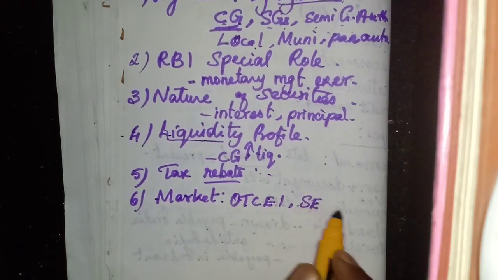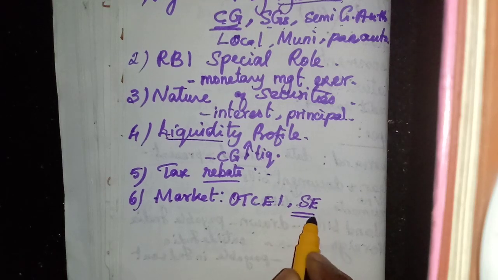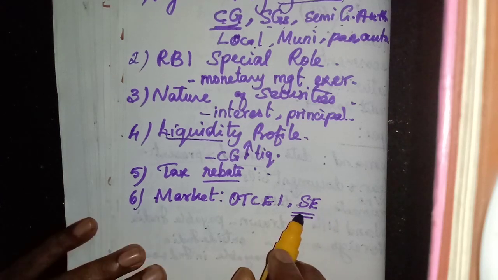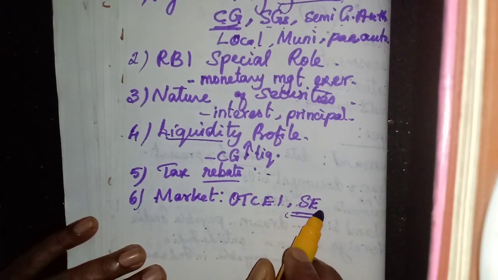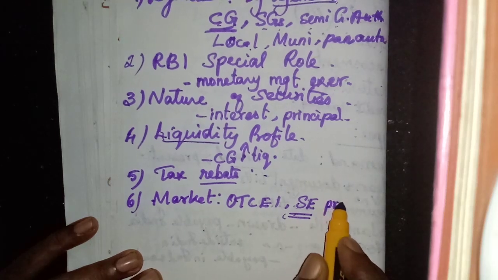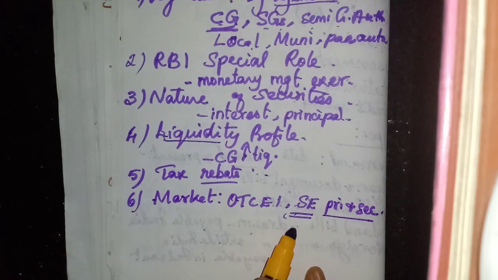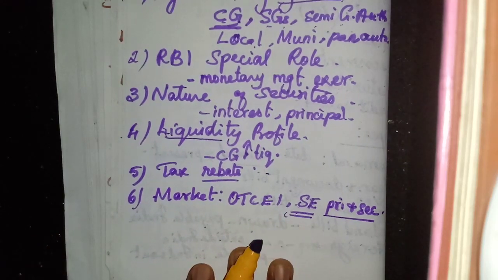Even the stock exchange can be used to purchase and sell these securities. The stock exchange will be considered as both the primary market and the secondary market. First-time issue of these securities can also be done through the stock exchange.